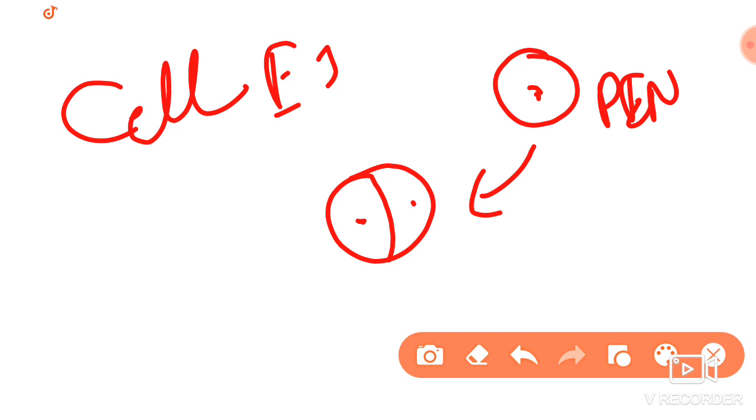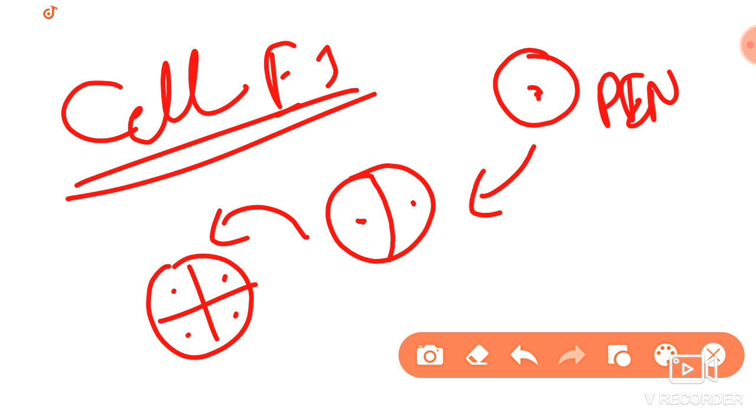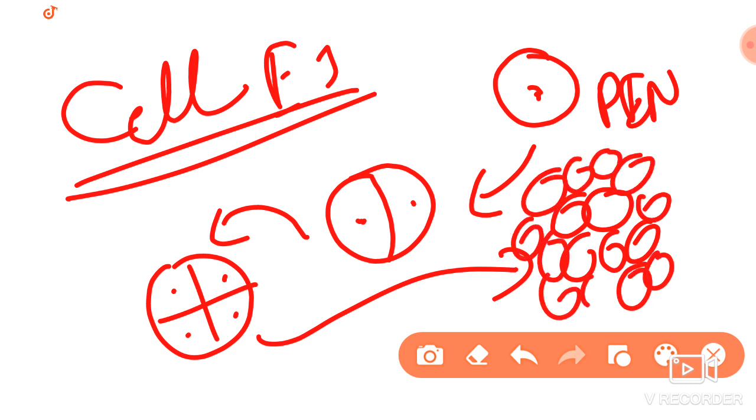One cell becomes two, and two becomes four. Not only the nucleus, the complete cell is going to be divided here. There is development of cell wall in the case of cellular endosperm. By doing like this there is a formation of a lot of cells, a number of cells are going to be formed here.